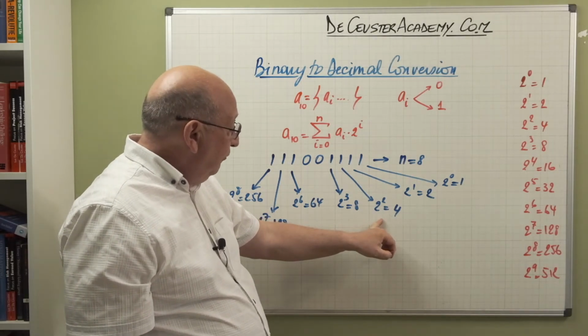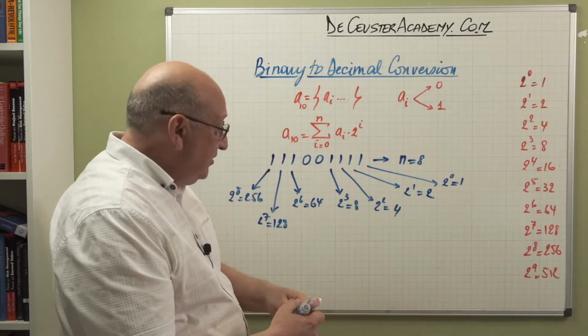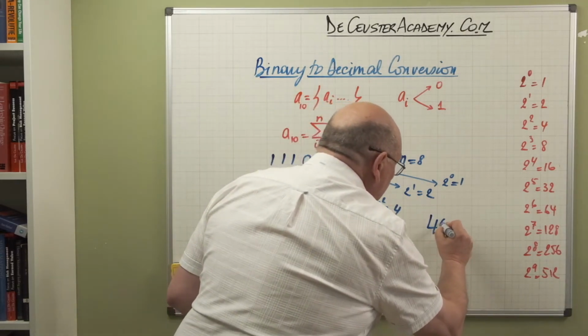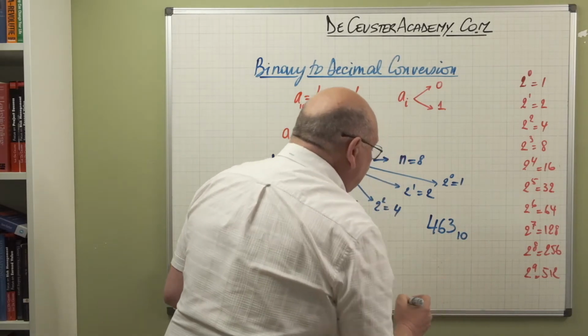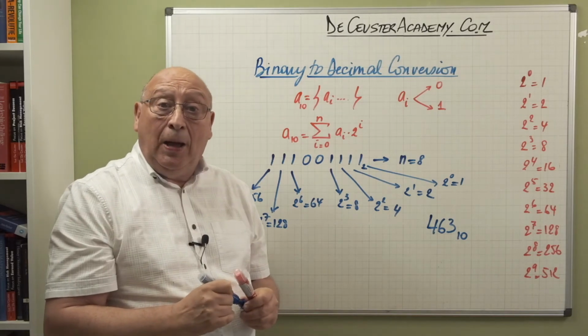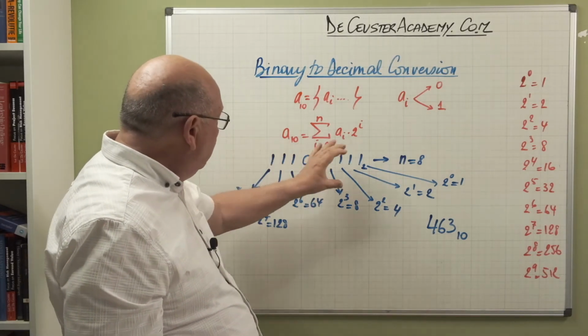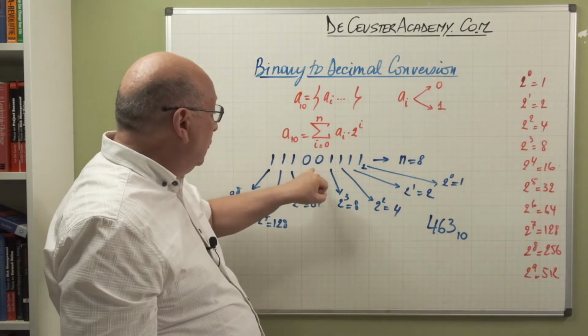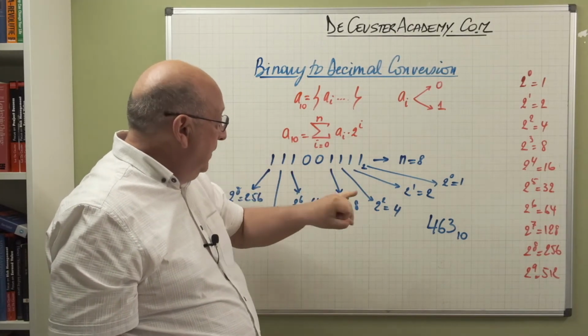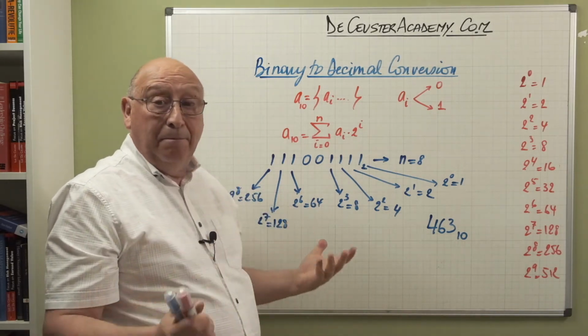Plus 4, I have 460. 460 plus 3 is 463 base 10. I forgot to put the 2 there, but it was clear that we were talking about binary numbers. So this binary number 111001111 base 2 is equal to 463 base 10.